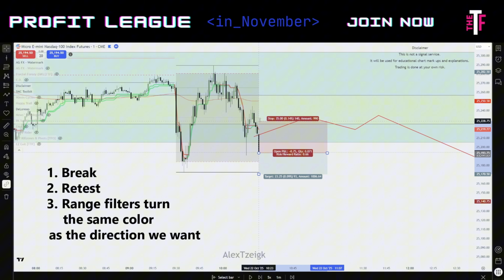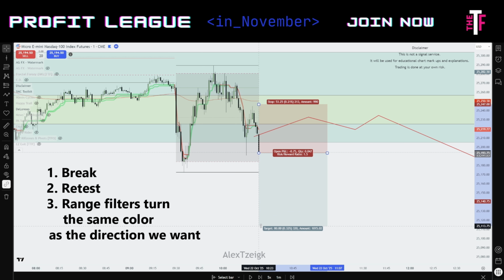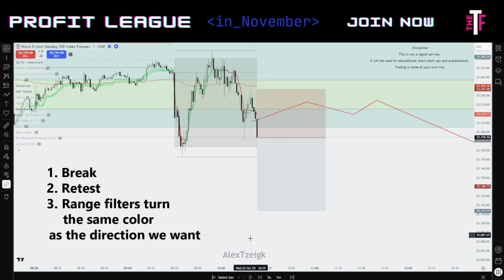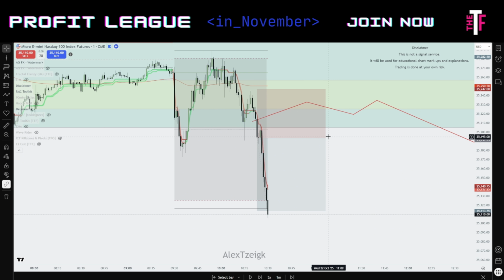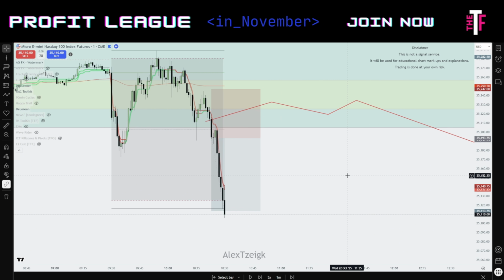And at this point, I would cover, of course, the swing high and go for a 1.5. Or, as I said previously, if I wanted to be even more aggressive, I would have taken a shorter stop loss. But as you see, we had a complete meltdown.